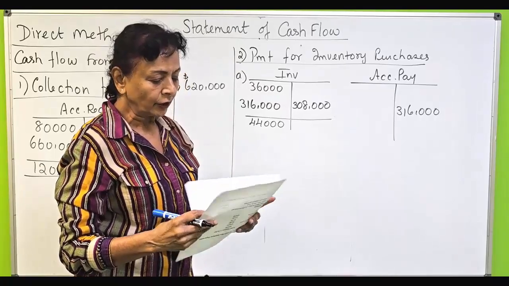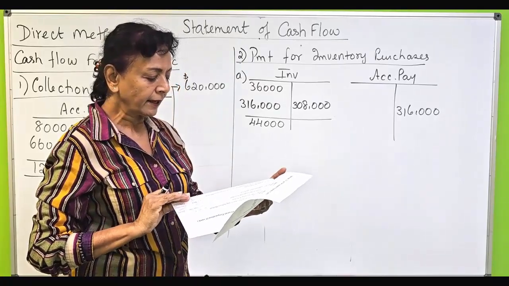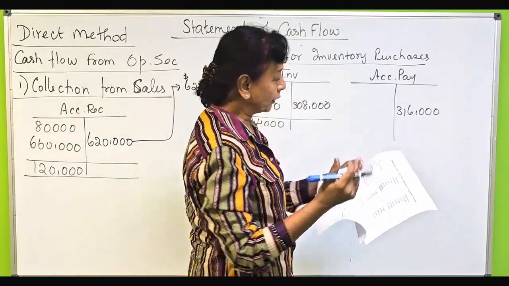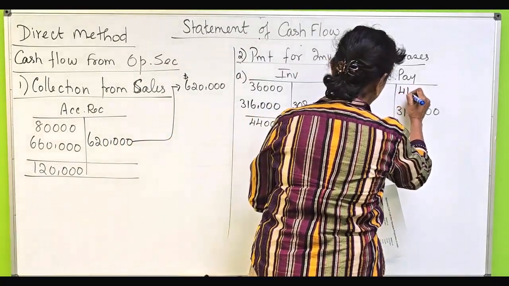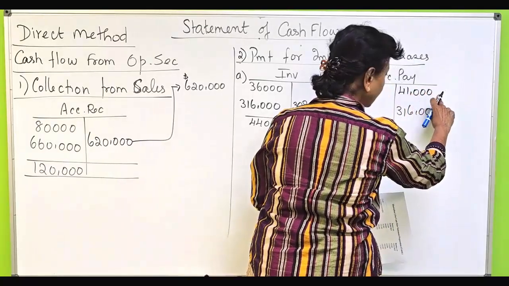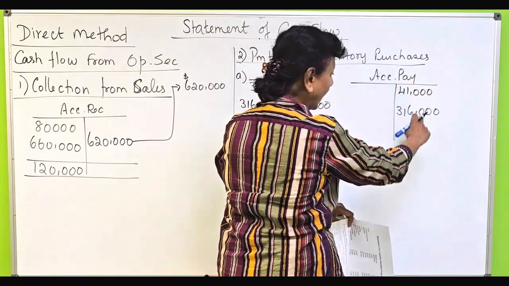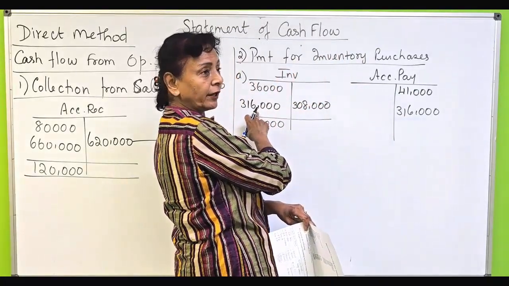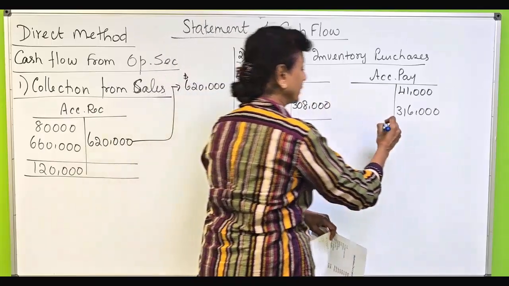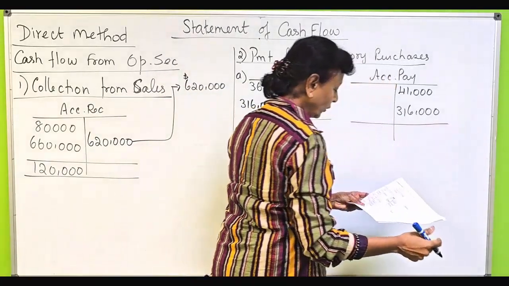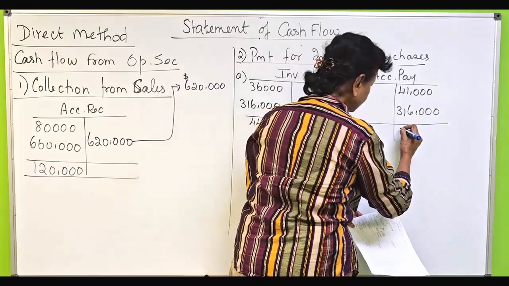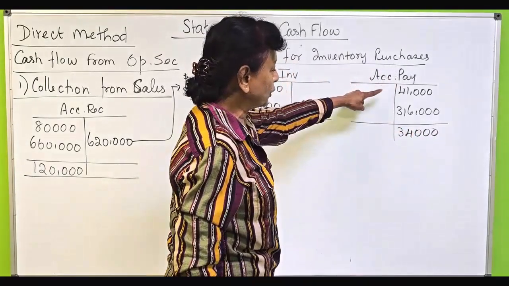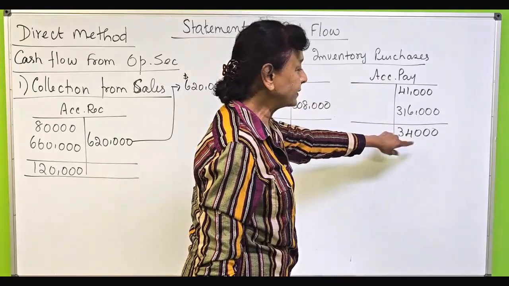If you look at your balance sheet, at the beginning of the year your accounts payable for inventory purchases was $41,000. This is the beginning balance. Then they added another $316,000 for the inventory purchases. At the end of the period, your accounts payable balance was $34,000, so the accounts payable decreased by $7,000.